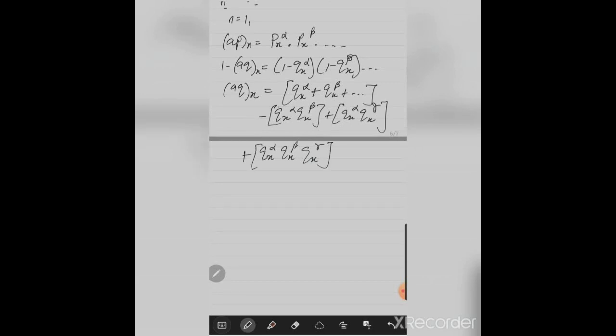So when you multiply three at a time, it is plus, and minus for four at a time. So this is what the relationship looks like depending on the number of risks there are.